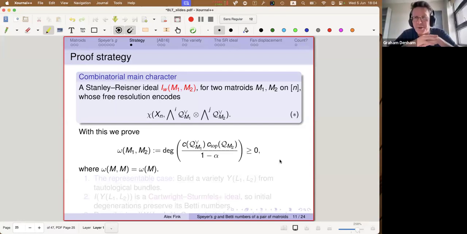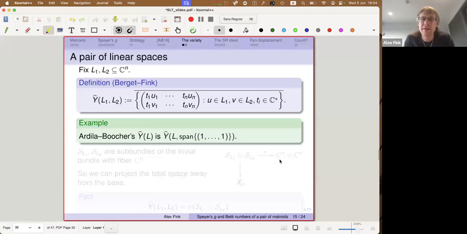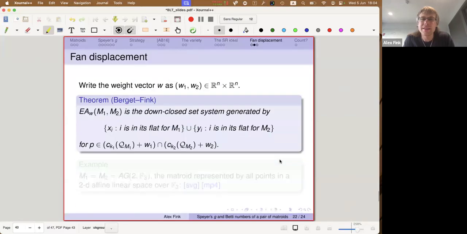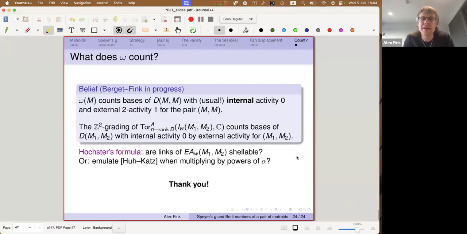I wonder if you could clarify what you were missing in the question of what does omega of M actually count? I didn't quite get that. I mean, I guess a proof technique. If we could prove shellability of suitable links, the ones that come up in Hochster's formula of this simplicial complex, then that would do it.